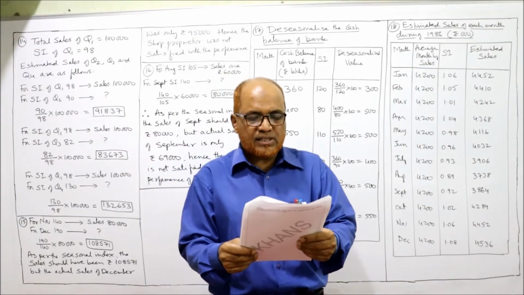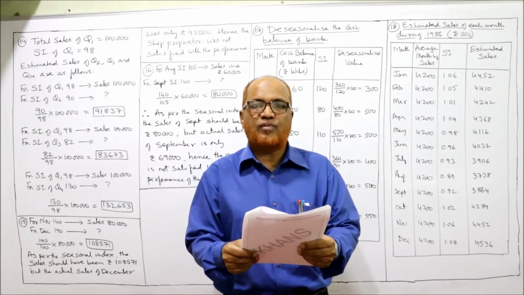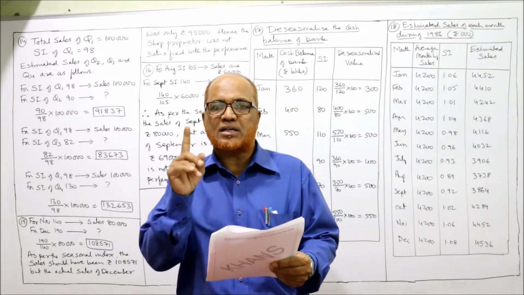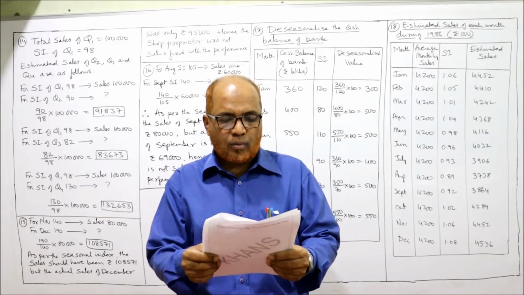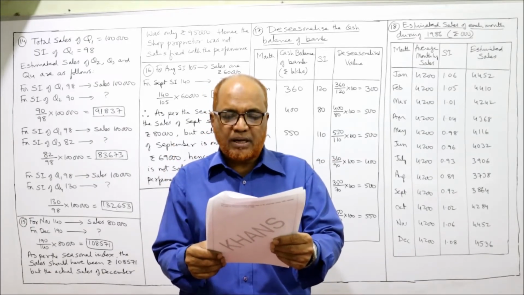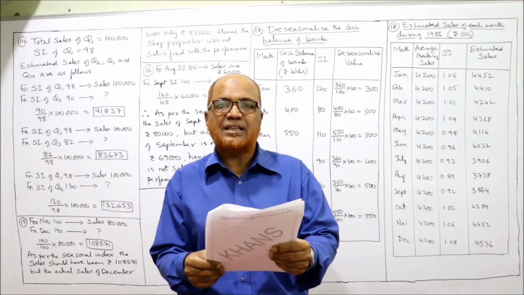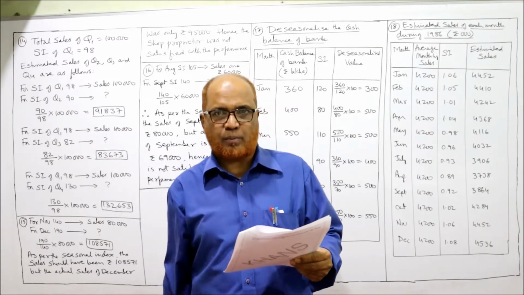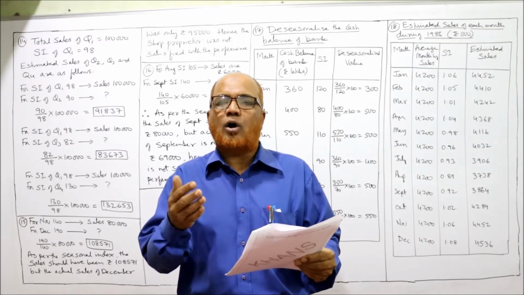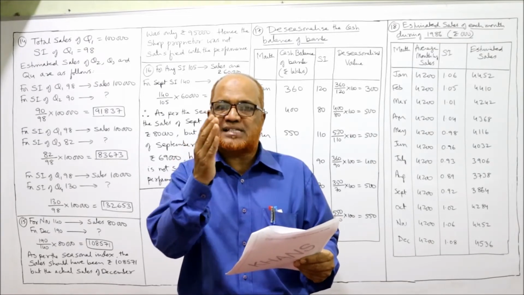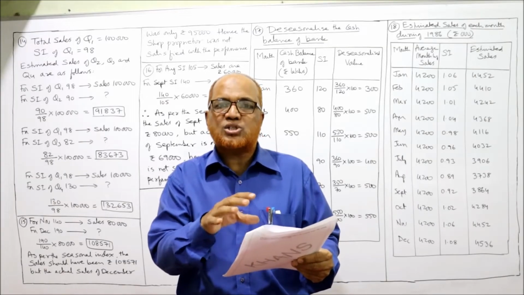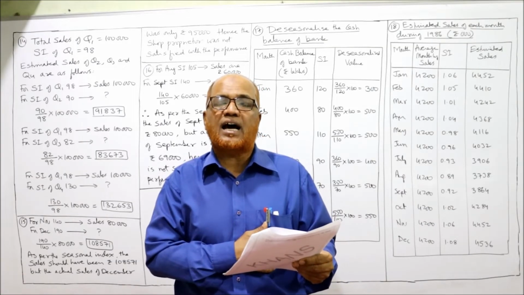If the total sales of garments in the first quarter is worth rupees 1 lakh, the sales of the first quarter is 1 lakh. Determine how much worth of garment of this type should be kept in stock to meet the demand in each of the remaining 3 quarters, just like the previous problem. We are given the sales of the first quarter and we have to find out how much would be the estimated sales for the second quarter, third quarter, fourth quarter, based on the seasonal indices.